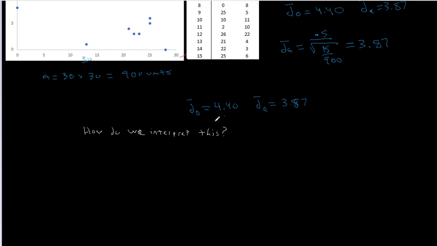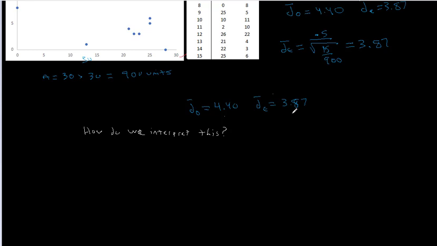So the smaller this average minimum distance is, the closer together the points are going to be, which means this could be an indication that there's clustering, because the smaller the minimum distance, the more likely points are closer together. Points that are closer together are likely to indicate clustering. Now again, this is relative to the size of the study area, but that's where this D_E comes in, because this is incorporating the size of that study area.